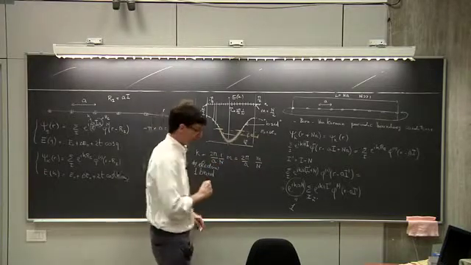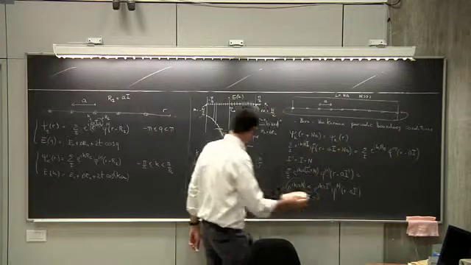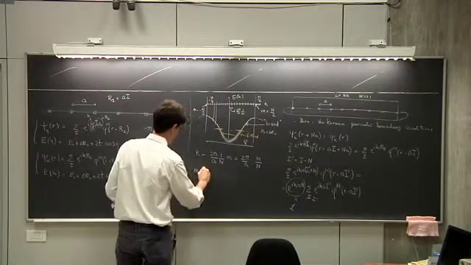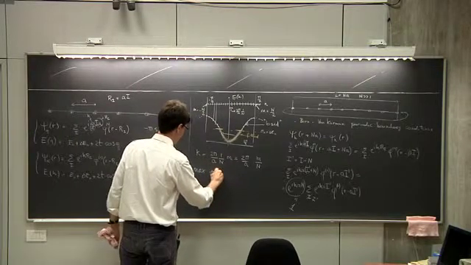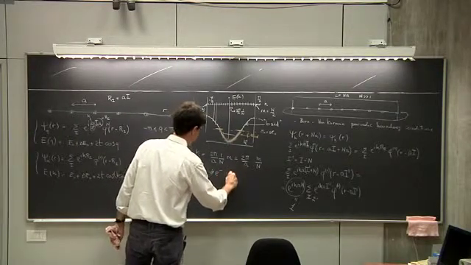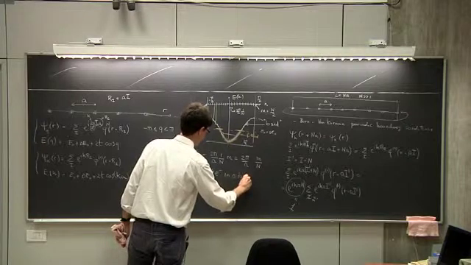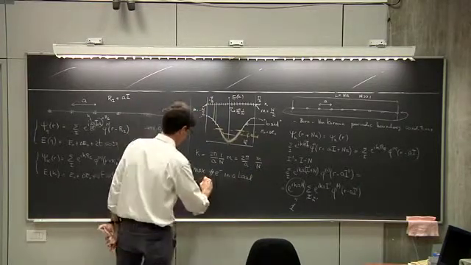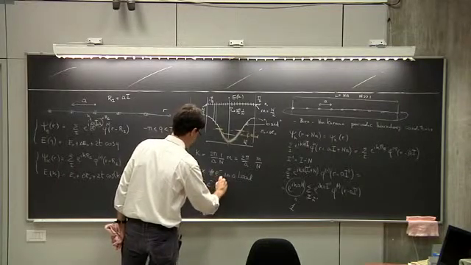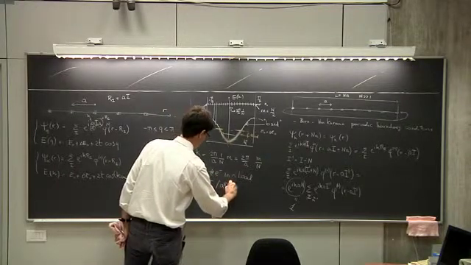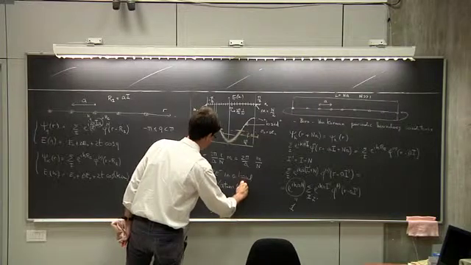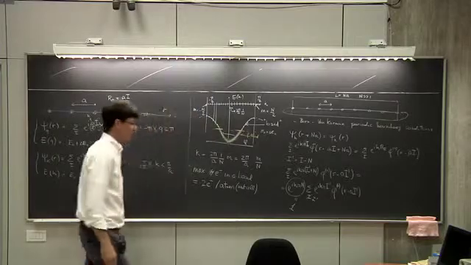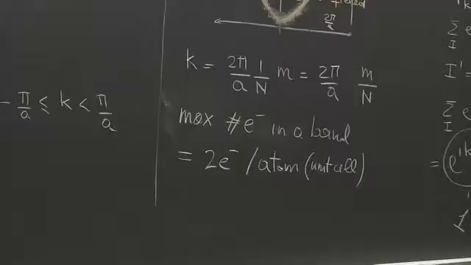The maximum number of electrons in a band is equal to 2 electrons per atom. Or, if we have a more complex system, not just 1 atom per cell, 2 electrons per unit cell.